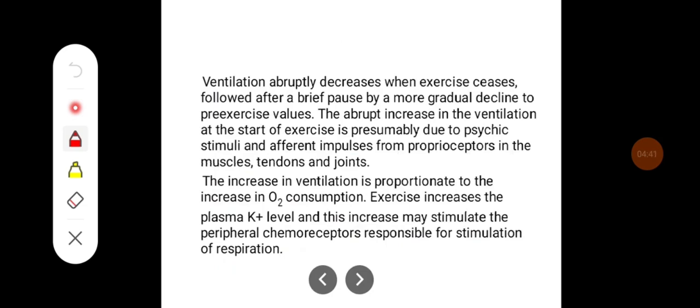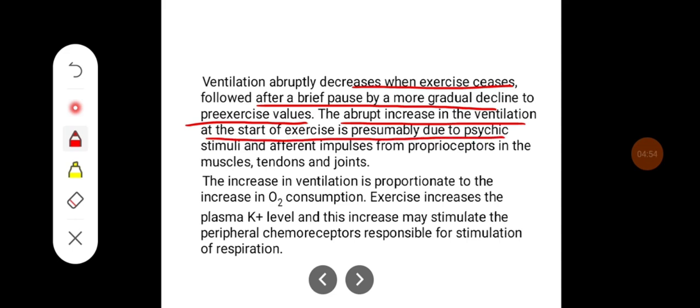Ventilation abruptly decreases when exercise ceases, followed after a brief pause by a more gradual decline to pre-exercise values. The abrupt increase in ventilation at the start of exercise is presumably due to psychic stimuli and afferent impulses from proprioceptors in the muscles, tendons, and joints.